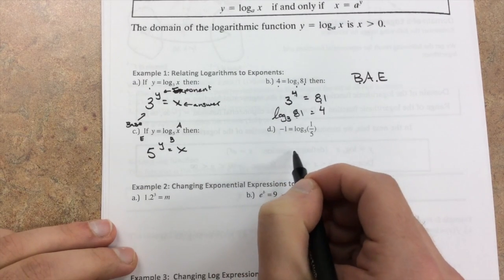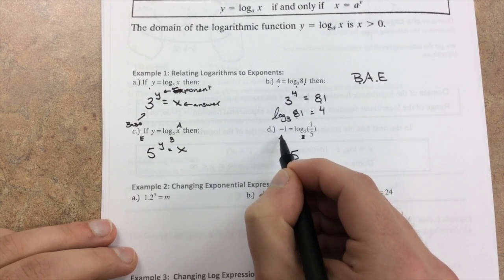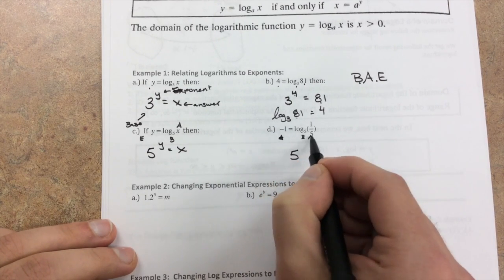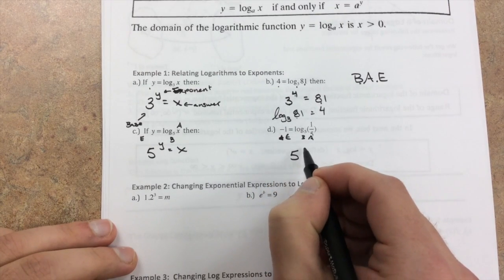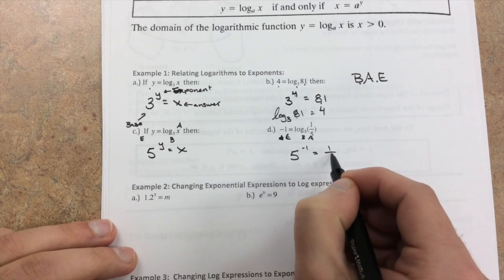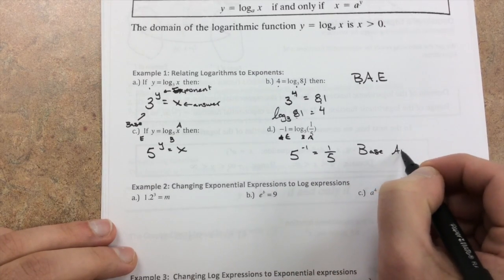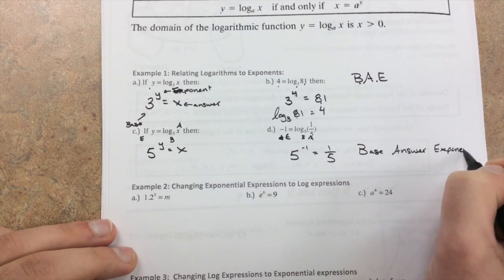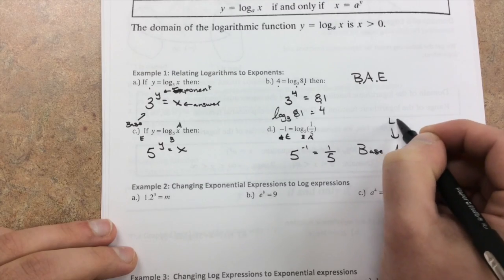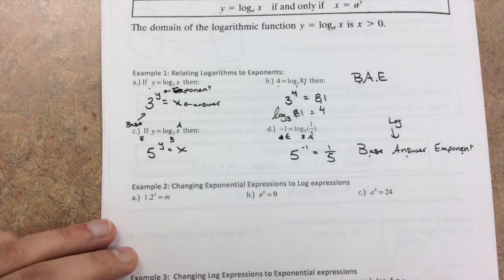Log base 5, so 5 to the negative first equals 1/5. Base, answer, exponent. This is our log setup. It gives us our base, our exponent, and our answer.